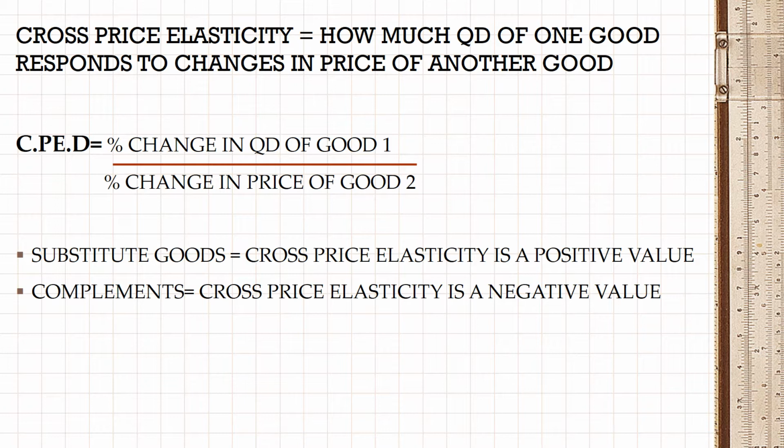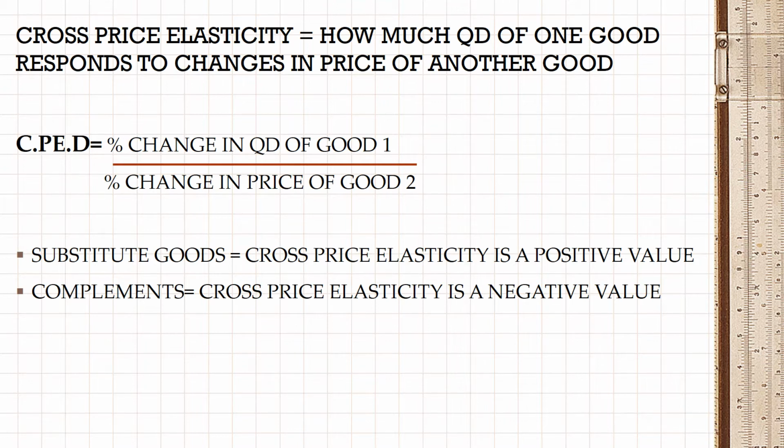When the price of one substitute good increases or decreases, remember we used to check the effect on the market of another substitute good. And same was the case for complements. So cross price elasticity of demand is computed via this formula: percentage change in quantity demanded of good 1 divided by percentage change in price of good 2.